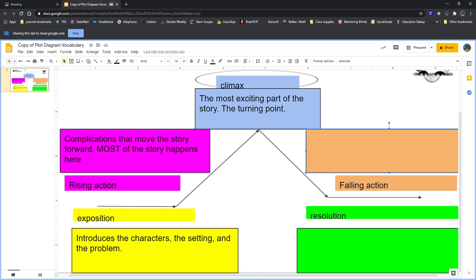After the climax, you have the falling action. Falling action is where, after the climax, you get to the part of the story where they're able to start fixing some of those problems, the complications that happened during the rising action. In the falling action, now they're able to fix some of those problems.